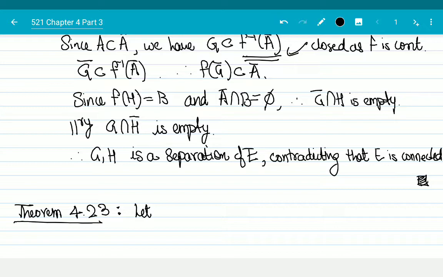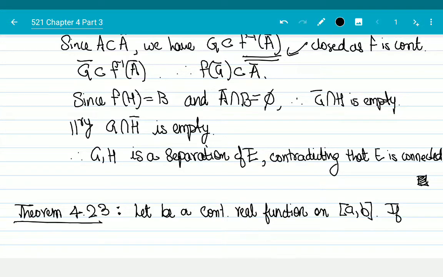Let f be a continuous real function on the interval [a, b].